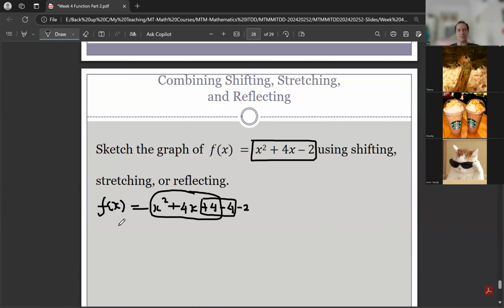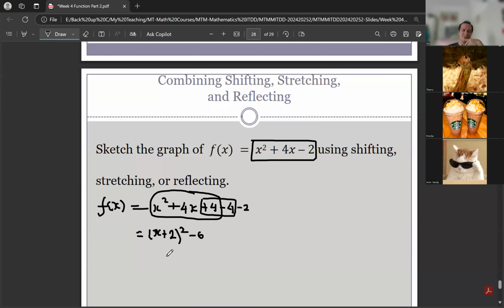This is the perfect square, and the perfect square will be (x plus 2) squared, and outside must be minus 6.